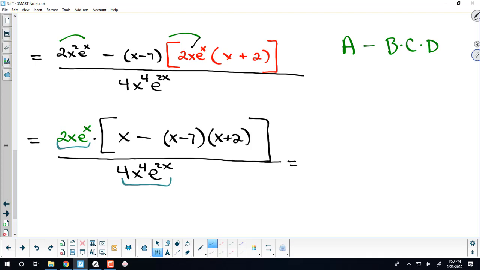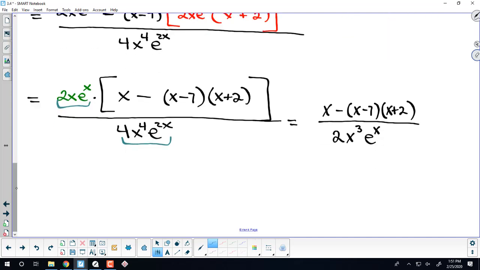So 2 divided by 4, x divided by x to the 4th, and e to the x divided by e to the 2x. One of those. And then up top we simply have x minus this thing. And then we just end up with this x minus this quadratic up top.